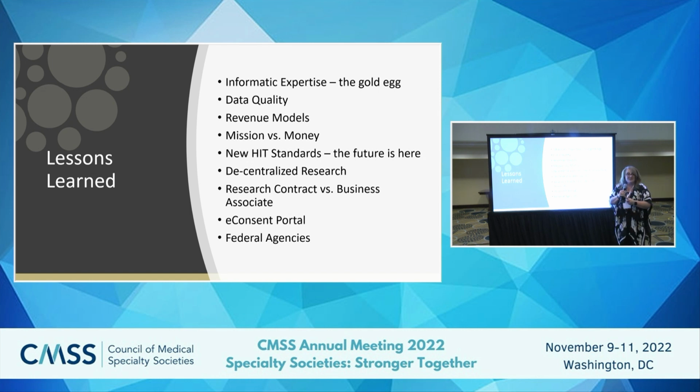Some of you started out with mission, but how long is the mission going to be able to work? So how do you accommodate being able to have more money, more mission? And then also with the new HIT, I talked about USCDI, we talked about OMOP, we talked about FHIR, keeping up on all of that and what it means, and having expertise involved.